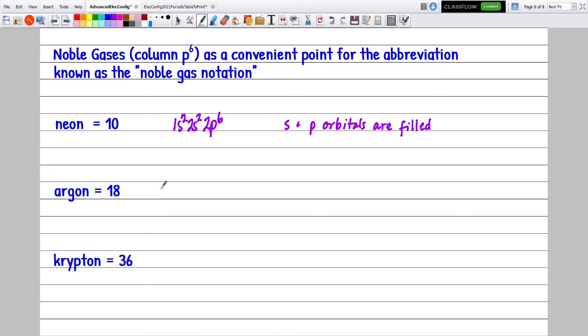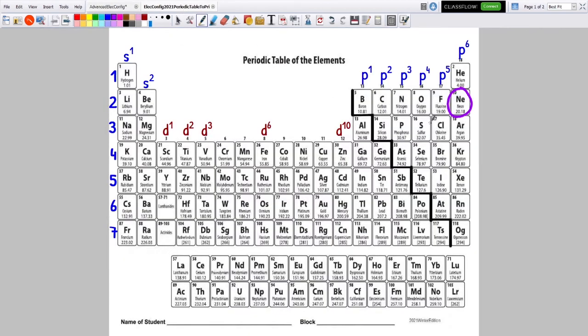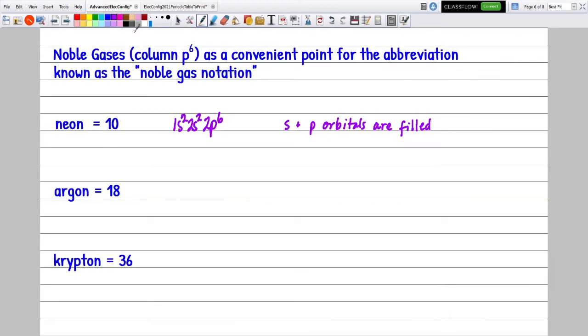Let's take a look at argon. With 18, it will end in 3p6, because here it is, it's in the third row in the p6 column. So it will end at 3p6.